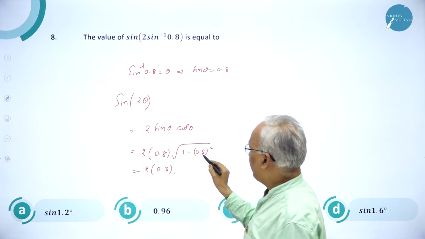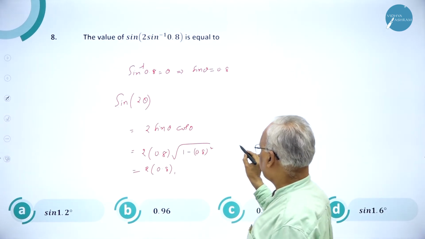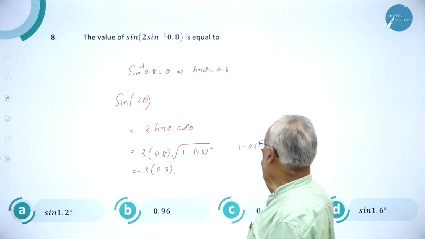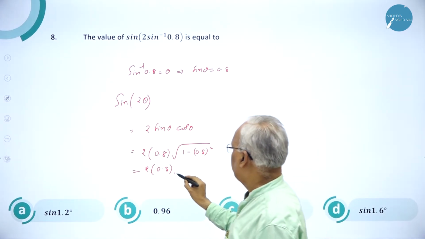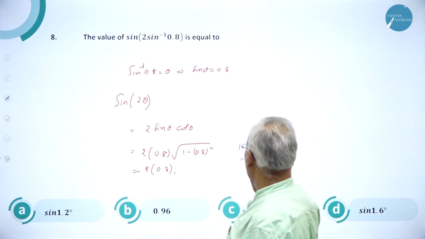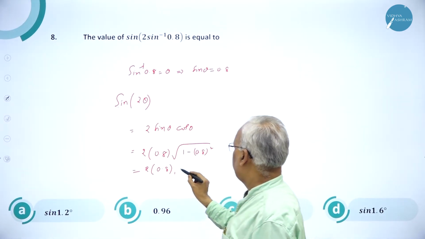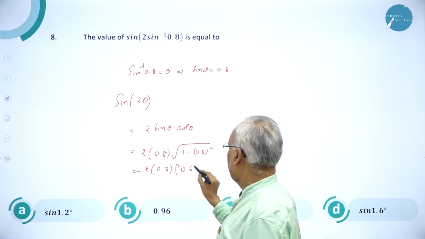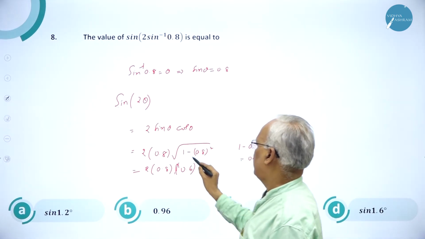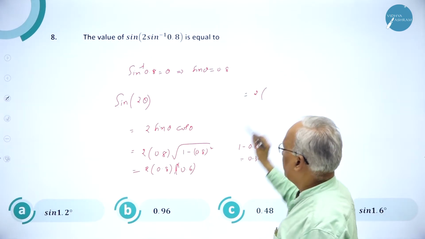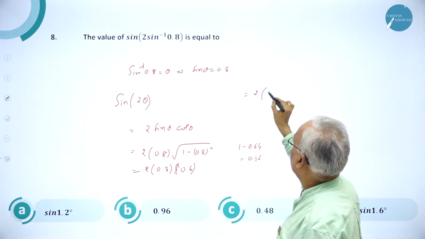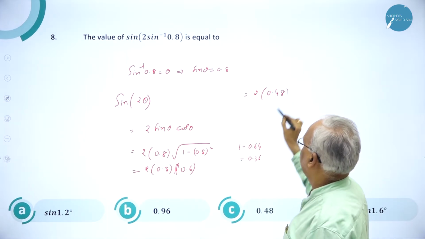this is 1 minus 0.64, that is equal to 0.36, square root of that 0.36, which is equal to 0.6. I can write directly 0.6. So which is equal to 2 into 0.8 into 0.6 is 0.48.